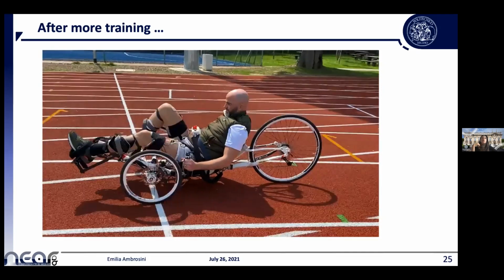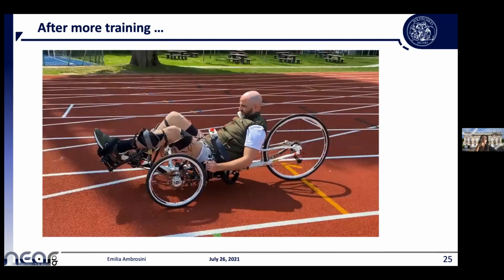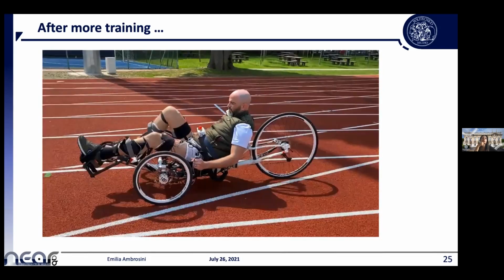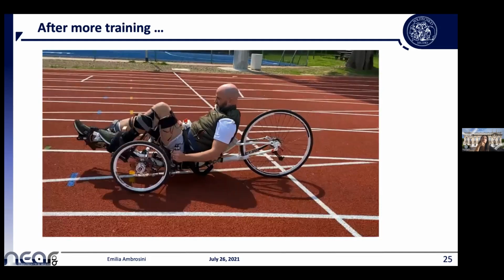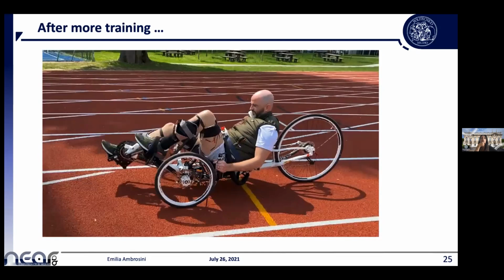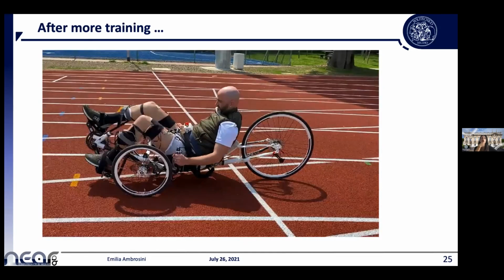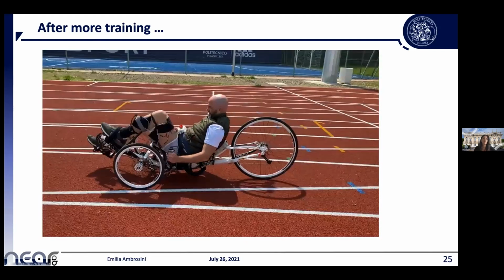So let's hope to have the possibility to compete again. And we are really going on. We are also now training a second pilot. We found a lot of interest among spinal cord injured people in practicing this type of activity, so we will go on with this application.